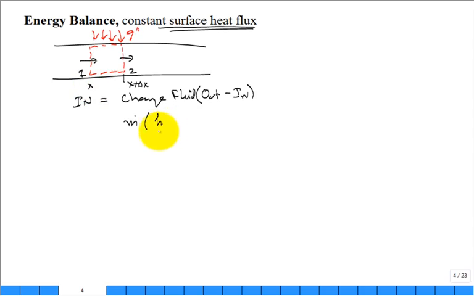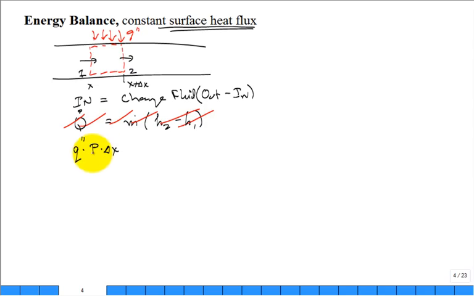So the enthalpy going out minus enthalpy coming in equals the rate at which heat is coming in. I'm just trying to relate this to your thermo 1 nomenclature, but we don't use that in heat transfer. What we have is Q double prime times the perimeter times delta x. Isn't that the rate at which heat is coming into the control volume from the wall?